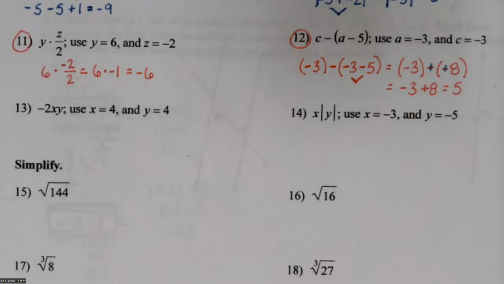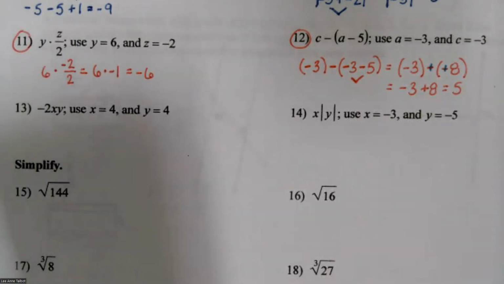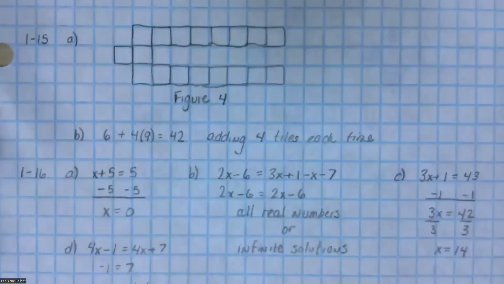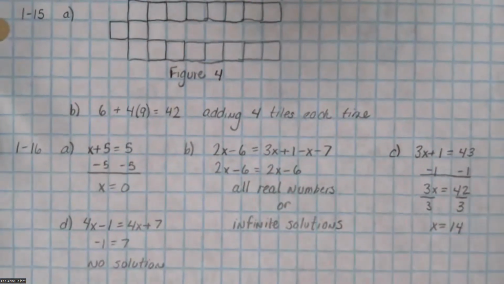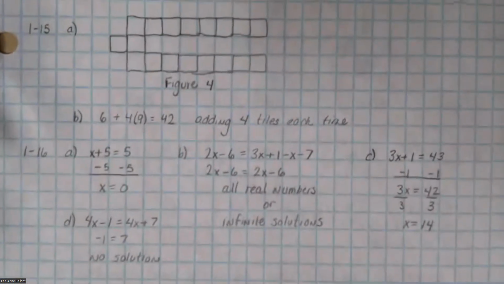Okay. Now I would like you guys to get out your homework from the weekend, please. So take a look at 15 to 24. And the first thing I want to have you do is correct.